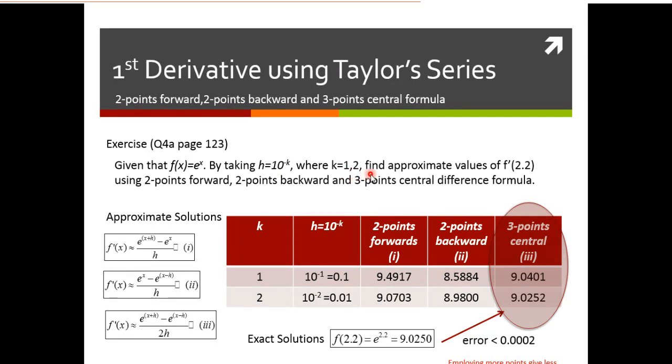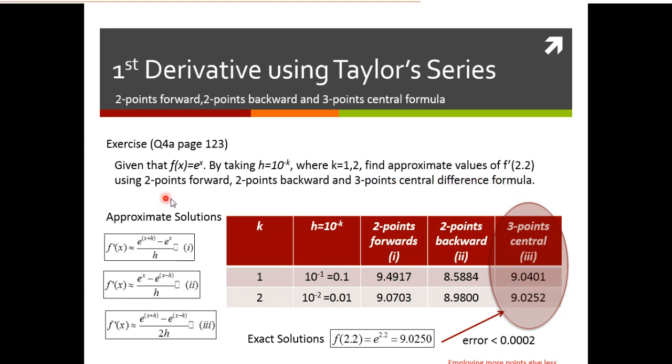You have to approximate the value of f prime x, meaning the first derivative, for x equal to 2.2 using the 2-point forward, 2-point backward, and 3-point central difference formula.